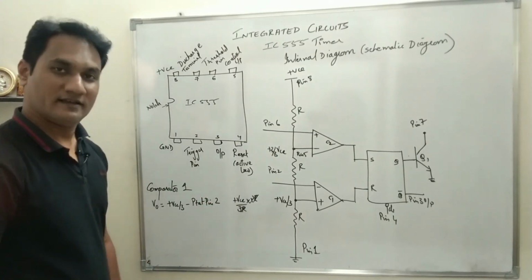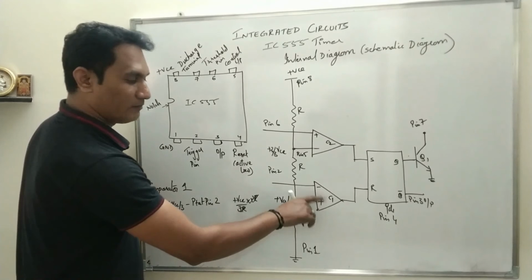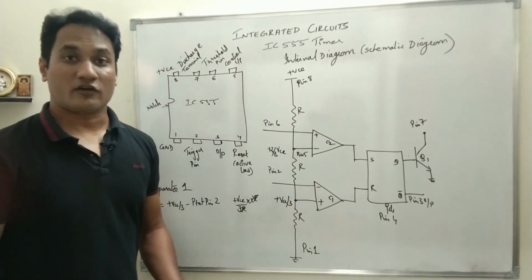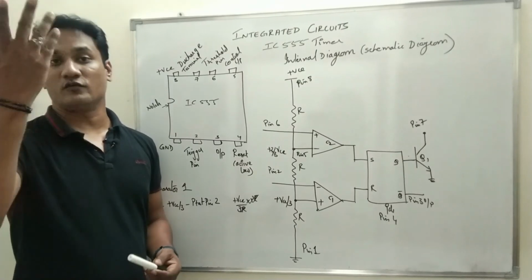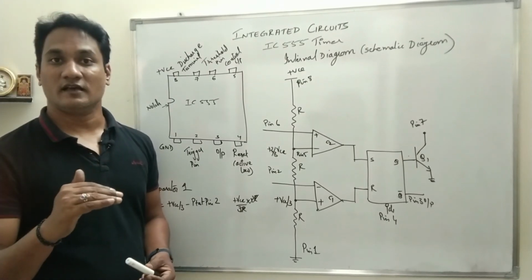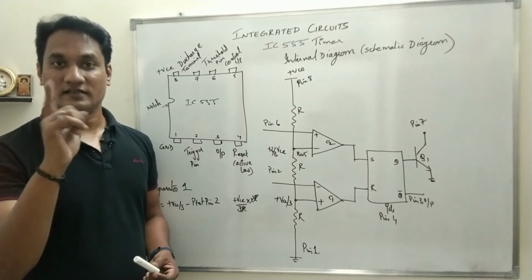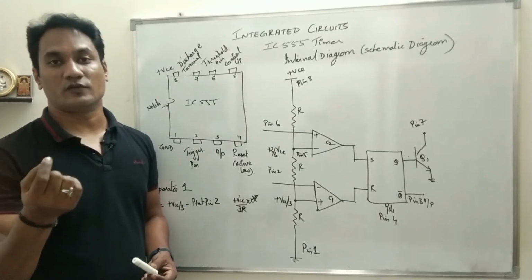Is that correct? It will always be non-inverting minus inverting, and in this application of the op-amp the gain is infinite. The output will be either plus VCC or minus VCC. Plus VCC means 1 in digital, minus VCC means the output is 0.